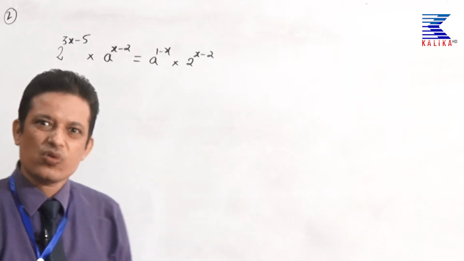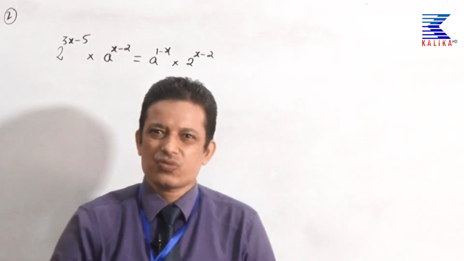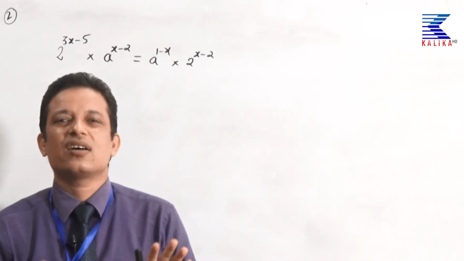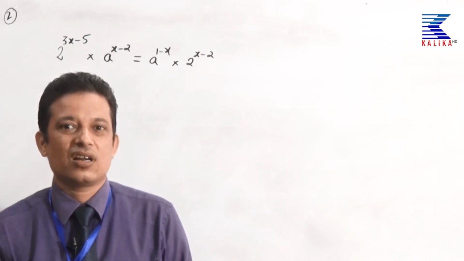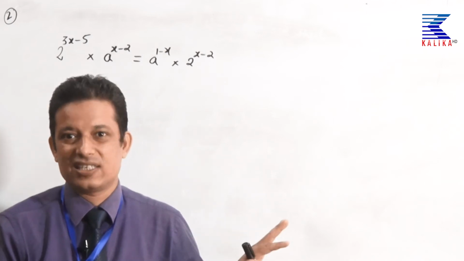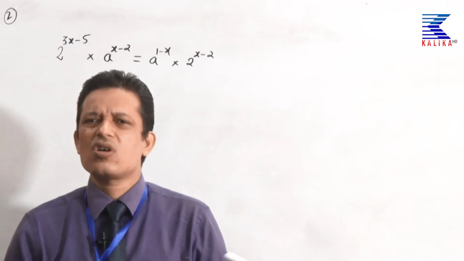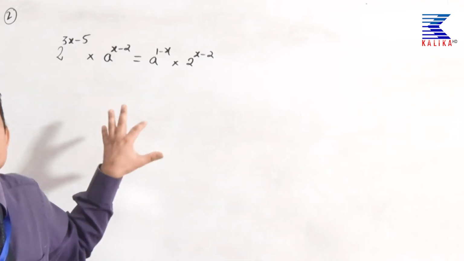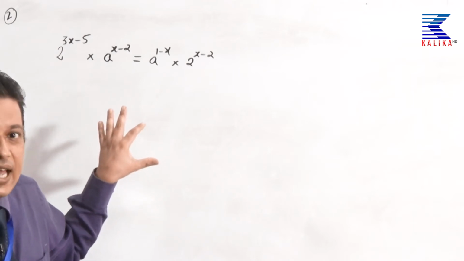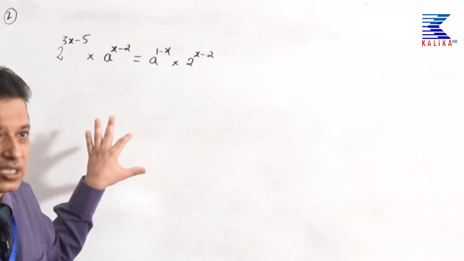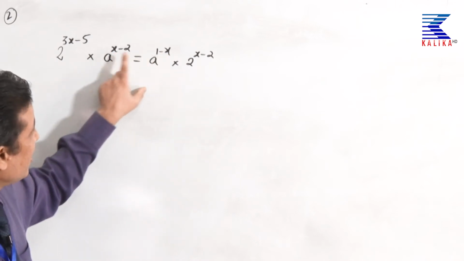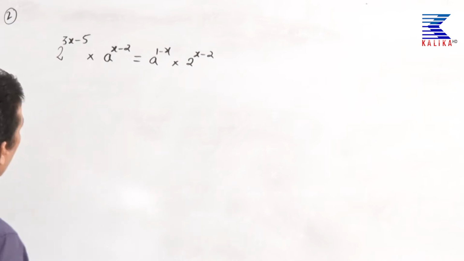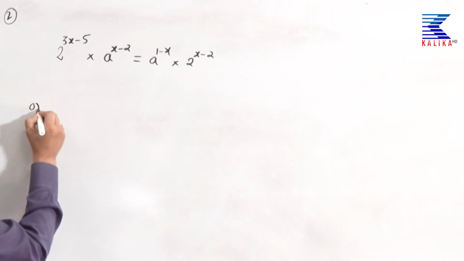Normally in any question, if a, b, c and x, y, z come, then in general, it is not the rule, but in general we solve for x, y, z, and we take a, b, c as constant terms. Here also, dear student, we are solving this equation for x. This is like a solve for x question. We are solving for x, it is in the exponent, and we are taking a as a constant term. Now, this is so simple, dear student.